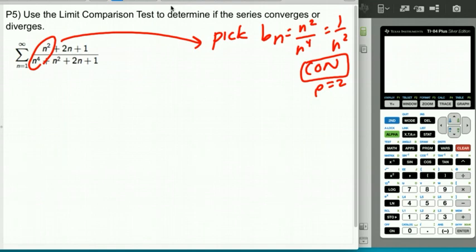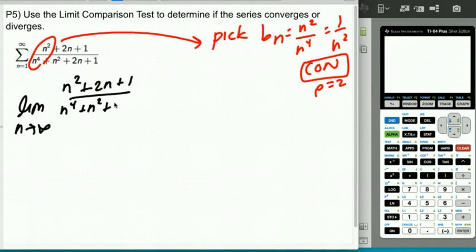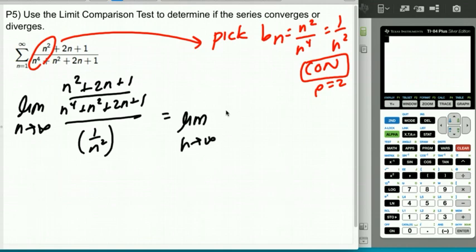So if I do the limit comparison test, the limit as n approaches infinity of this crazy monstrosity divided by 1 over n squared, that's going to be the limit as n approaches infinity of n squared plus 2n plus 1 over n to the fourth plus n squared plus 2n plus 1, times n squared over 1.